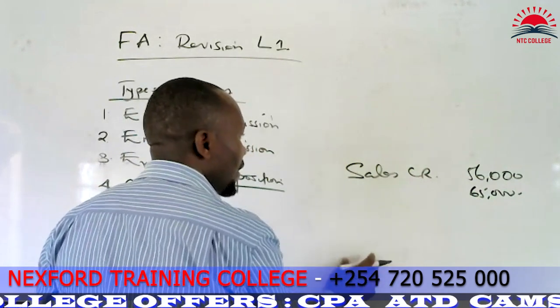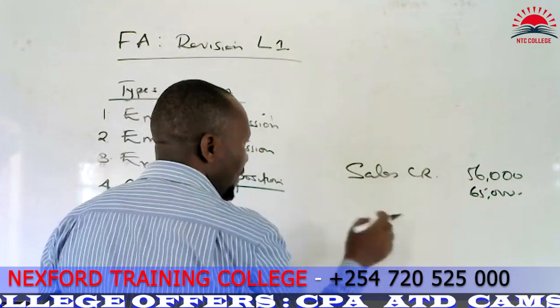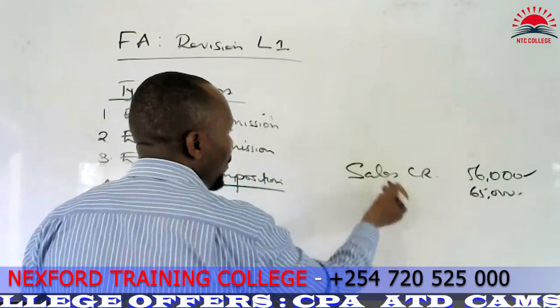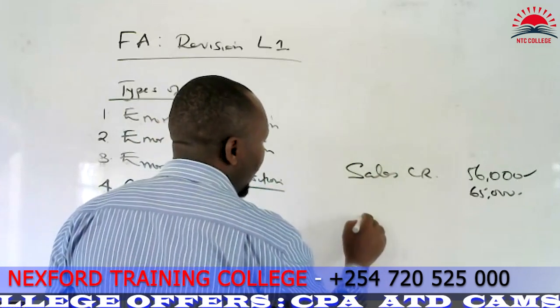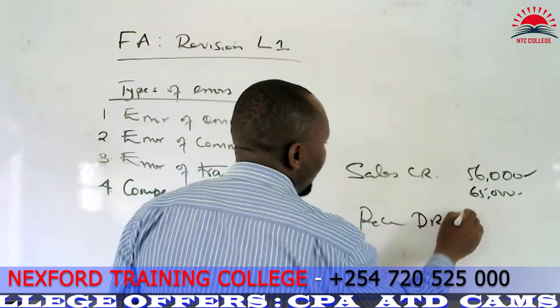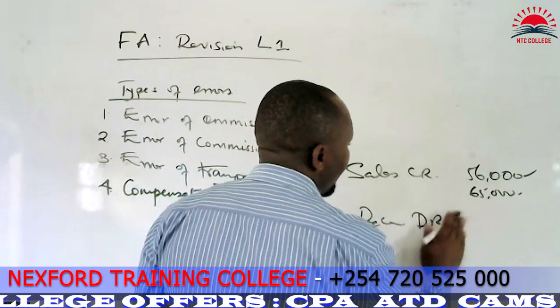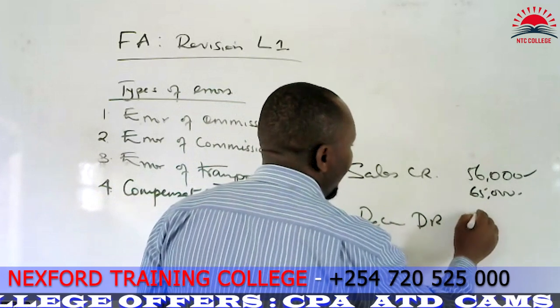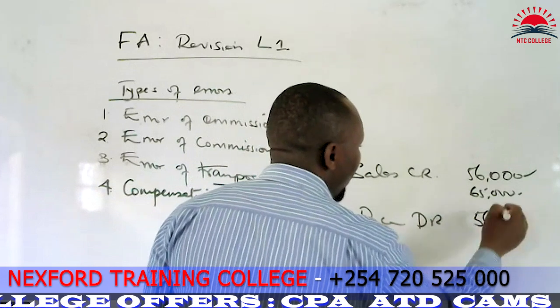Just mention the contra entry and it will link them automatically. So that means that here you made an error, transposition, and also when you come here, maybe on receivable, you are going to debit with the same amount, 56,000. That is if you have the system that picks automatically.